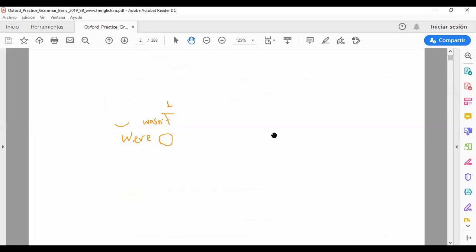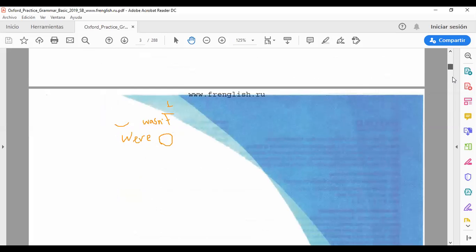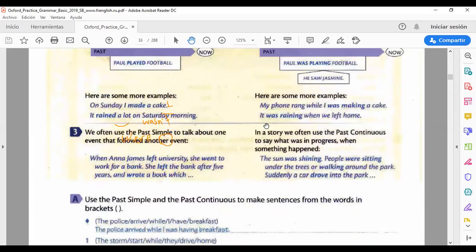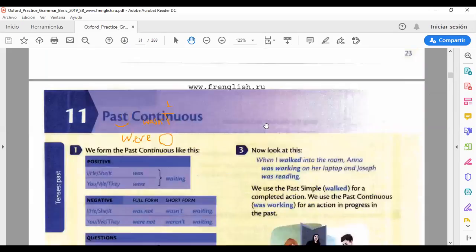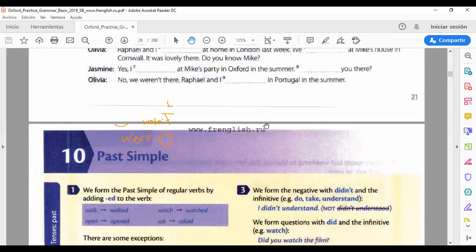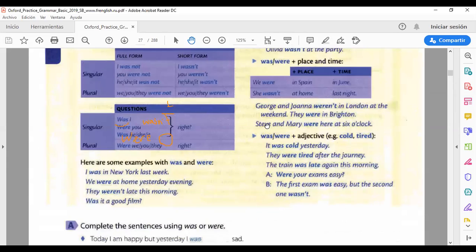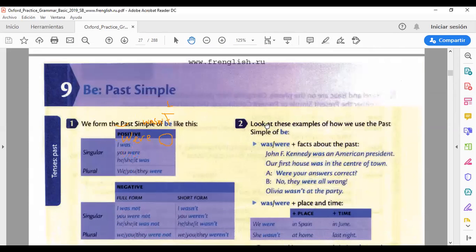Now let's go back to, I went too far, sorry guys. Okay, here, no, this one right here. For you, I have to use were. See right here, you were.